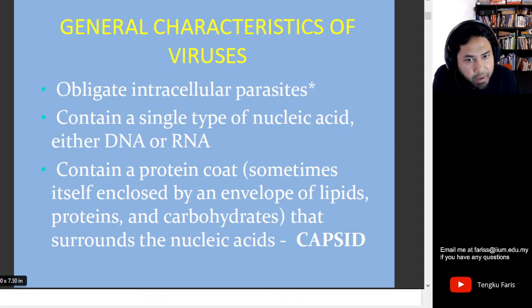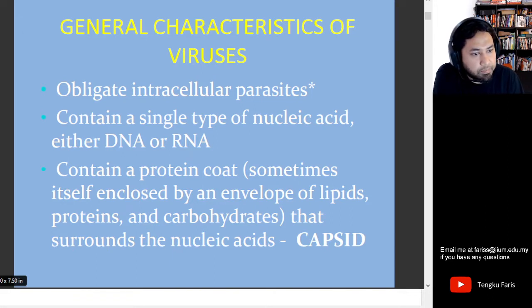Obligate intracellular parasite means that these viruses cannot reproduce outside their host cell, which means their reproduction relies entirely on intracellular resources. It depends on the host cells to give the nutrients and the energy for them to carry out the replication processes.